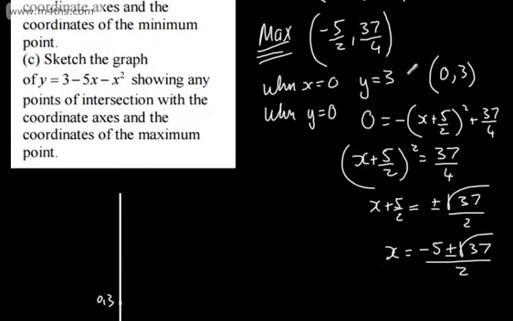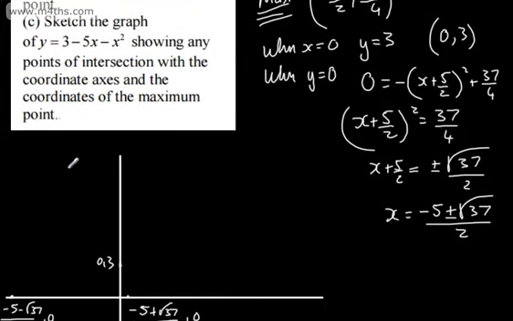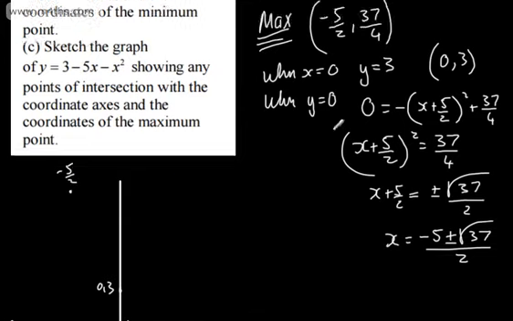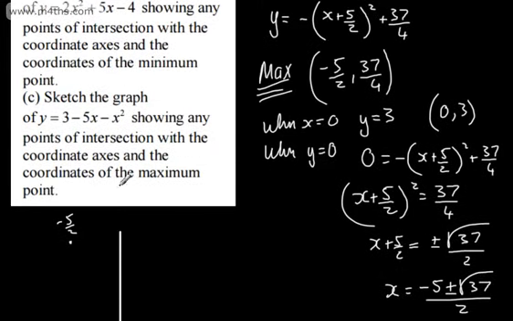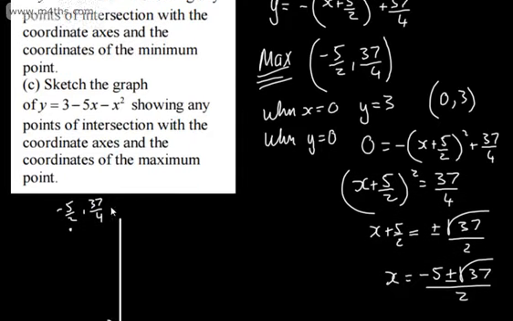If you think about 37 over 4, it's just over 9, so it's going to be somewhere up here, give or take, let's go just here. So this is going to be negative 5 over 2, comma 37 over 4, and that's our maximum point.